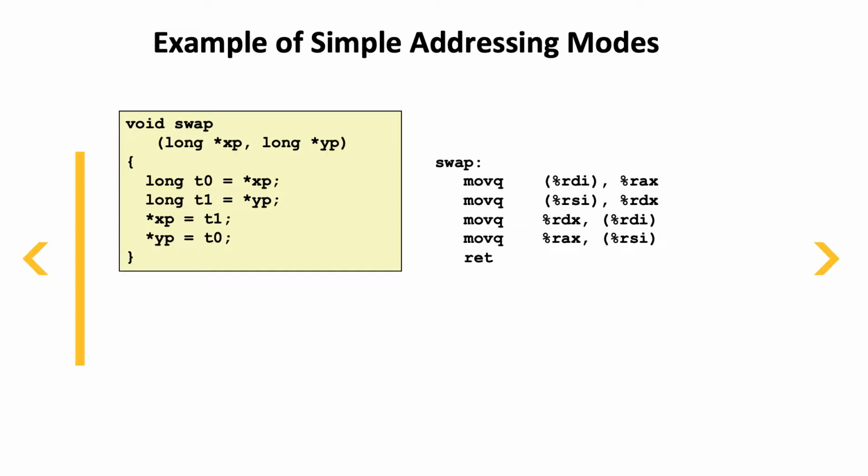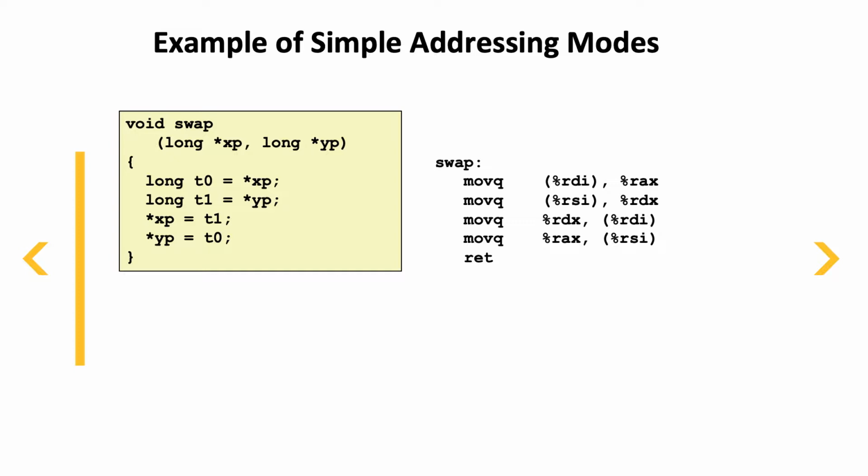So I've got swap, and that just takes a couple parameters, a couple pointers, and I'm going to go ahead and declare a couple longs, T0 and T1, to store the values. I'm going to take what is at the memory specified by XP and drop what's there into T0. I'll take what's stored at YP, drop that into T1.